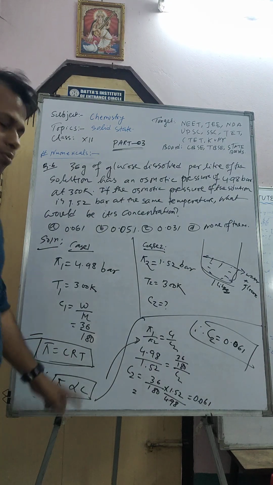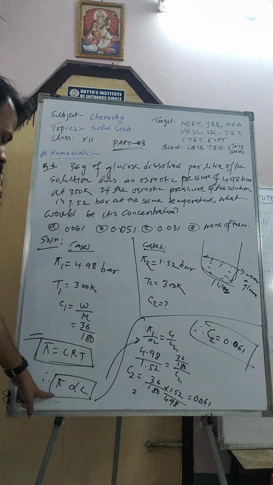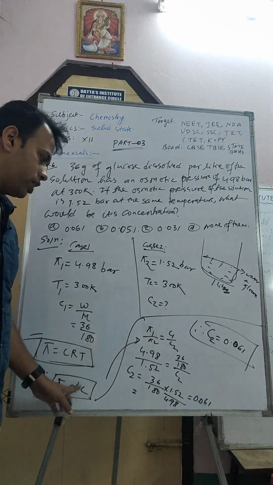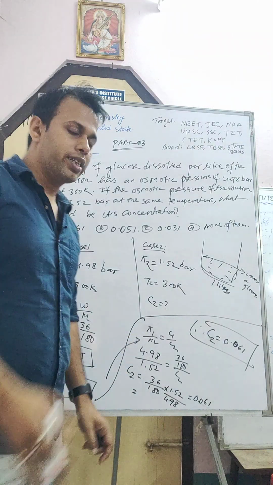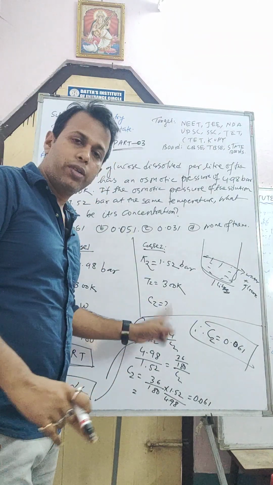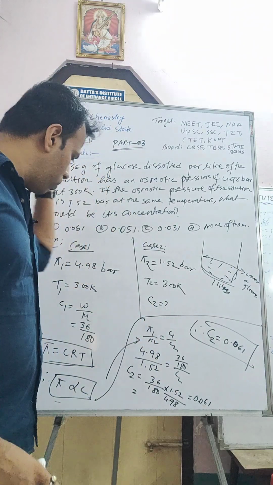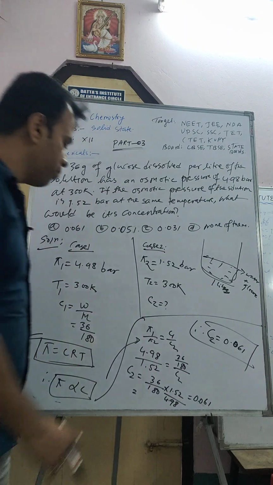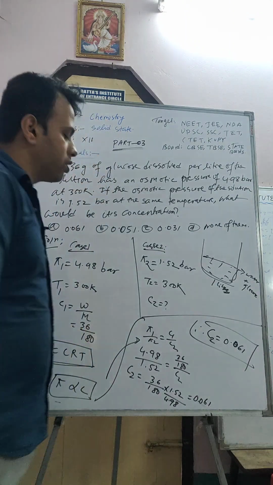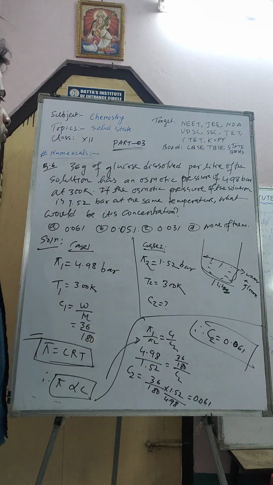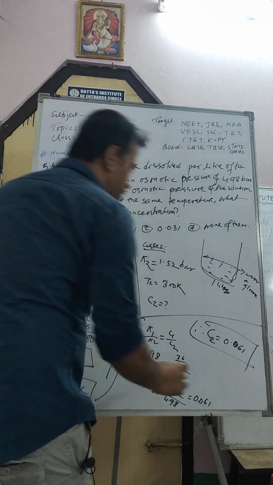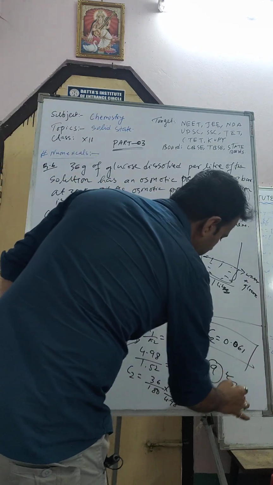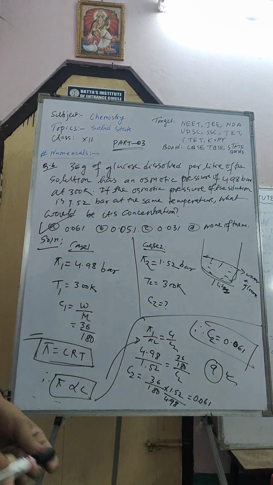Here R and T are both constant, so pi is directly proportional to C. From that we get the equation pi 1 by pi 2 equal to C1 by C2. I put in all the values except C2. After simplification, C2 came 0.061. So 0.061 is the correct answer. Option A is the correct answer, right?